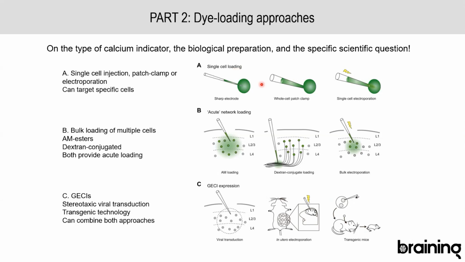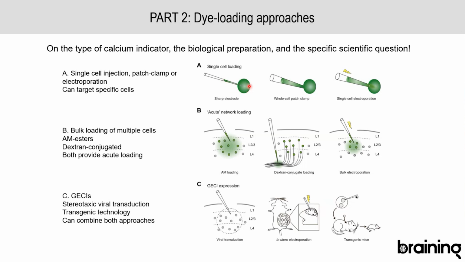So how can we load one single cell? For that, we just have to do three different things. Either we use a sharp electrode, or we do whole cell patch clamp, or we do single cell electroporation. In these three techniques, a very thin electrode is filled with our dye, the one that we want to introduce in the cell of interest.